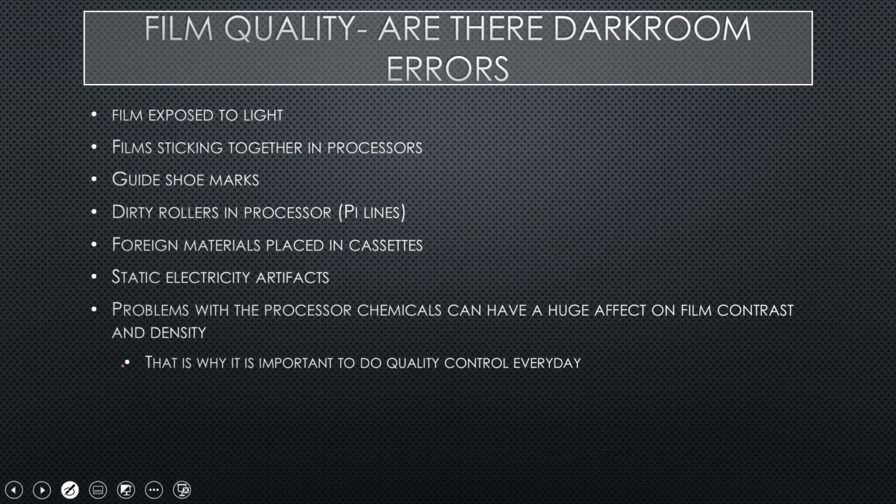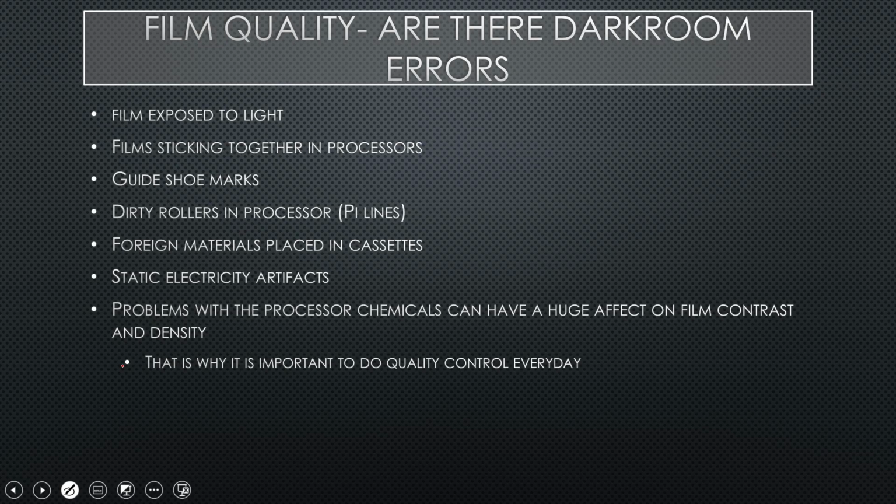Alrighty, continuing on with film quality. Are there any darkroom errors? So here are some things to consider if you are planning on using film and processing them in a darkroom. Is the film exposed to light? Do you have film sticking together in the processor?